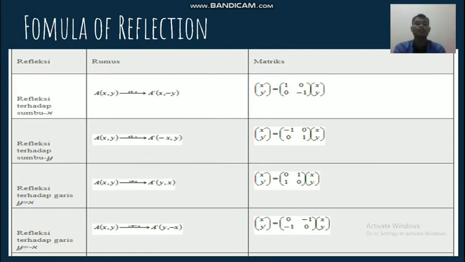And the fourth formula is reflection on the line y = -x. The formula is A(x, y) reflected on the line y = -x becomes A'(-y, -x).